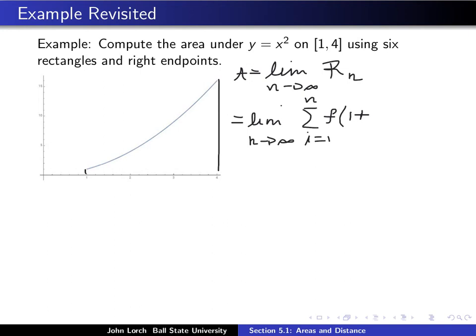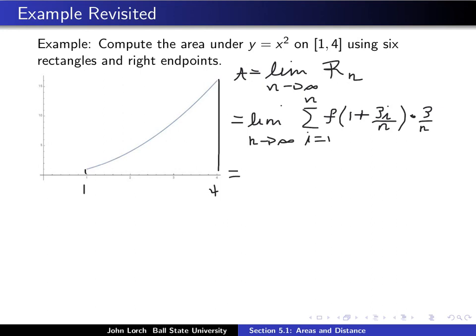Well, b is 4, and a is 1. 4 minus 1 is 3. So (b minus a) times i would be 3 times i divided by n. So that's the height of a little rectangle, and then the base is delta x, which is 4 minus 1, or 3 over n.